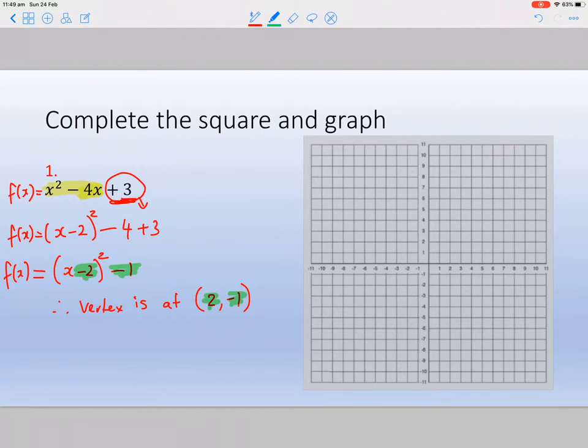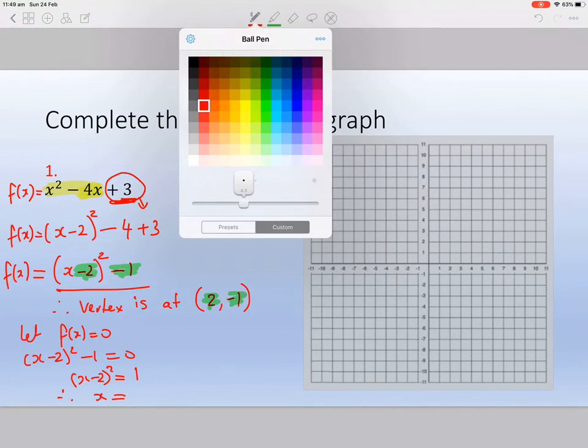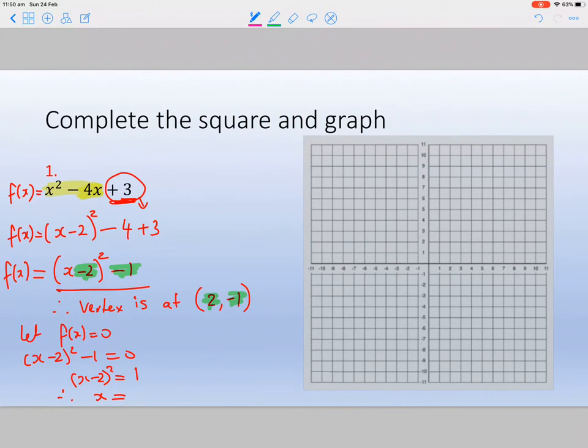We have to make f of x 0, so let f of x equals 0, and we get x minus 2 squared minus 1 equals 0, and then we just go x minus 2 squared equals 1, therefore x equals, if we square root both sides, I'm going to put an extra step here, x minus 2 equals plus or minus 1.